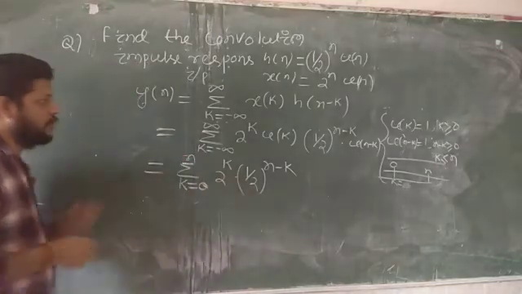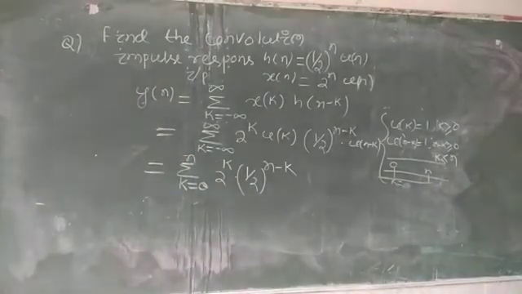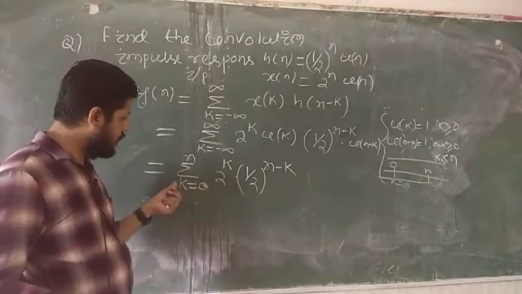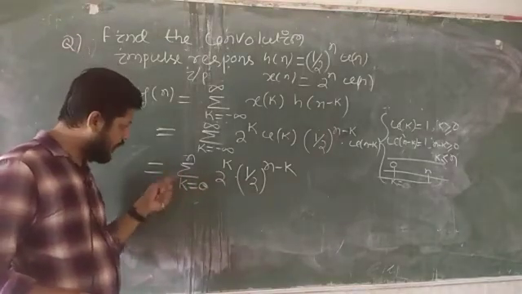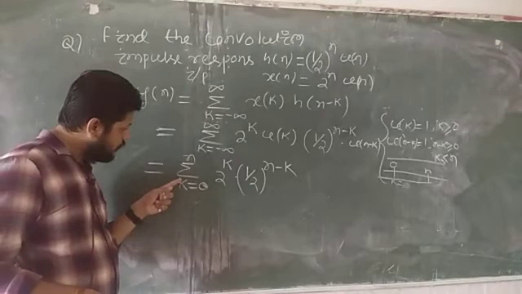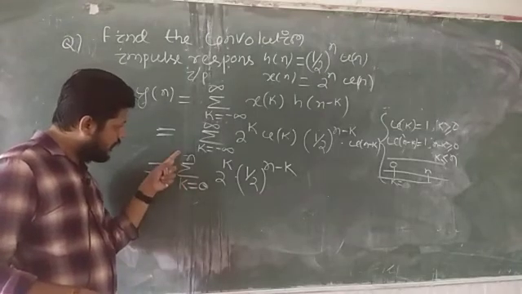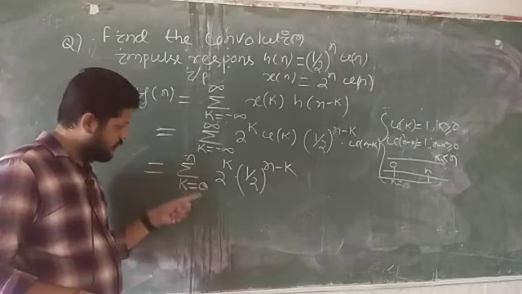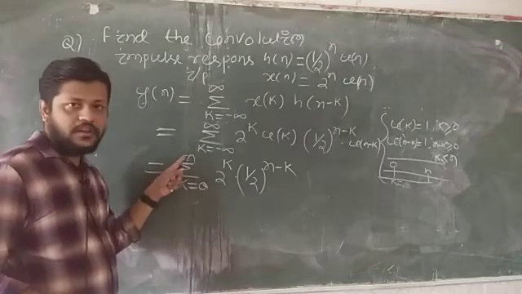Here k is the variable, not n. The lowest limit of k is 0 and the highest limit of k is n.